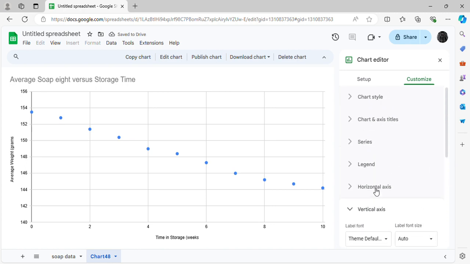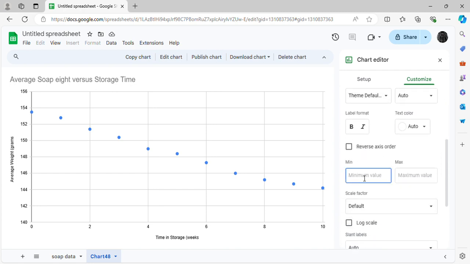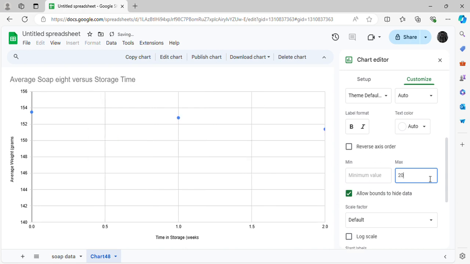For the horizontal axis, the minimum value is all right. For the maximum, let's have up to 20.